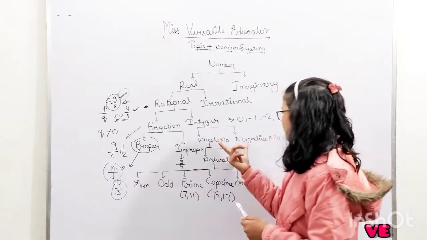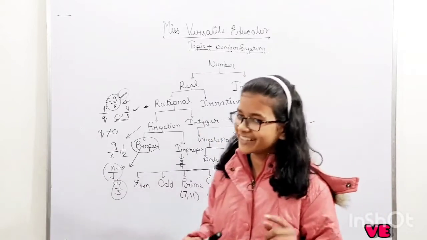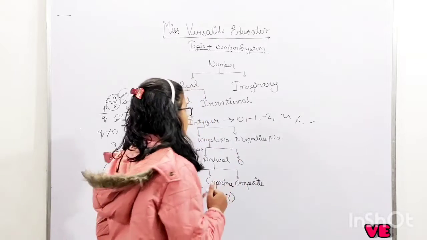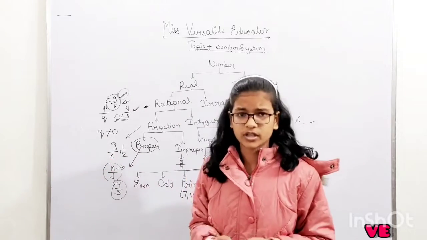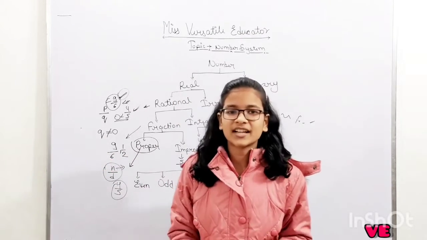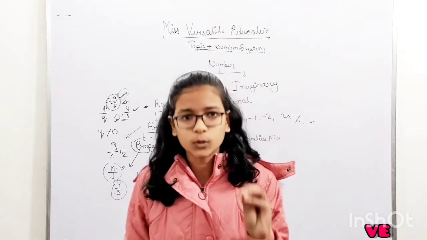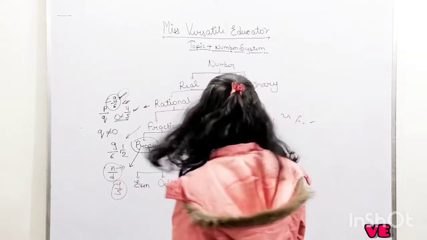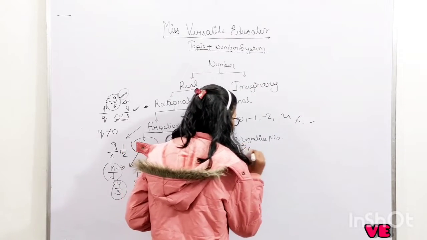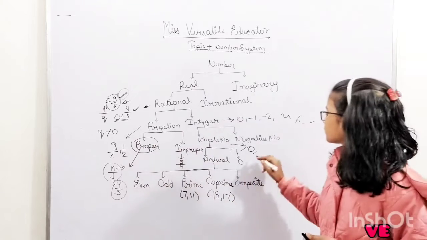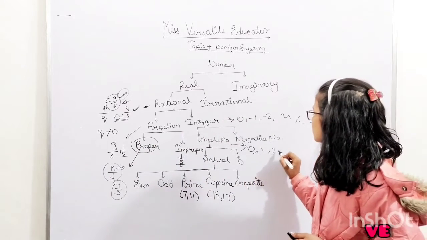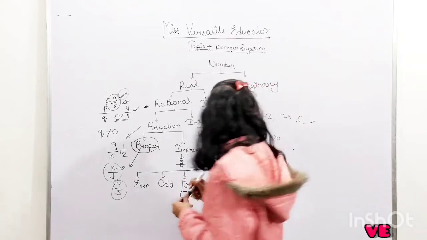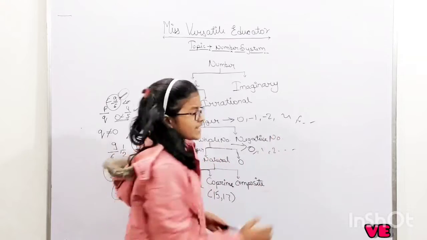Then in integers there are two parts: whole numbers and negative numbers. What are whole numbers? Natural numbers included with 0 are known as whole numbers. For example, 0 is a whole number, 1, 2 and so on are whole numbers.